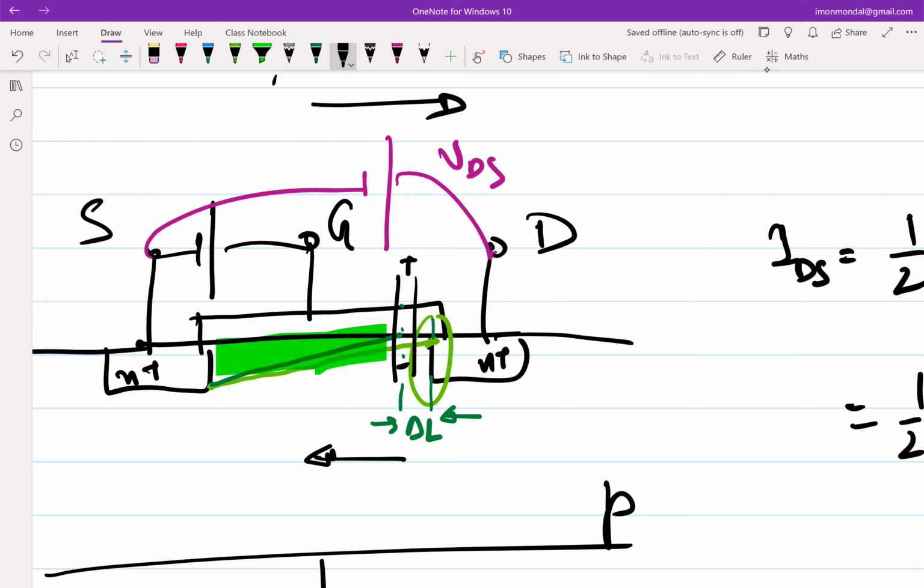Since it doesn't have any channel charge just at the junction, what it does is just push that junction slightly towards the inner side, right? Which means the effective channel is not L, the effective channel is slightly smaller than L, right? So that is what I have represented here by delta L.